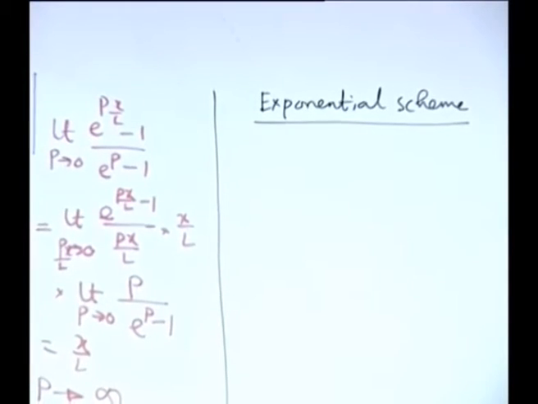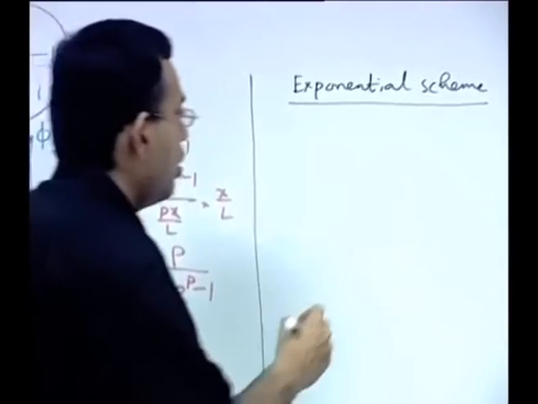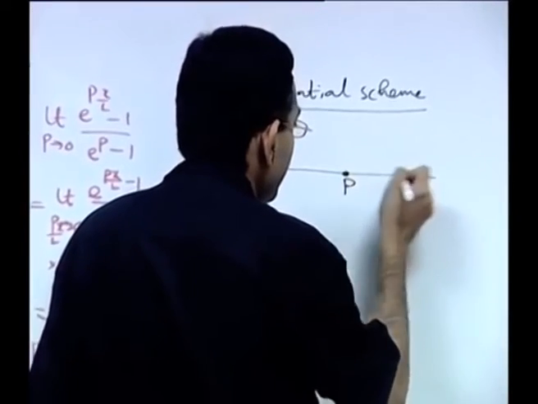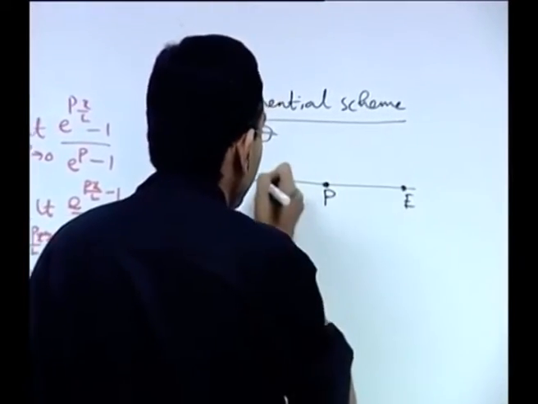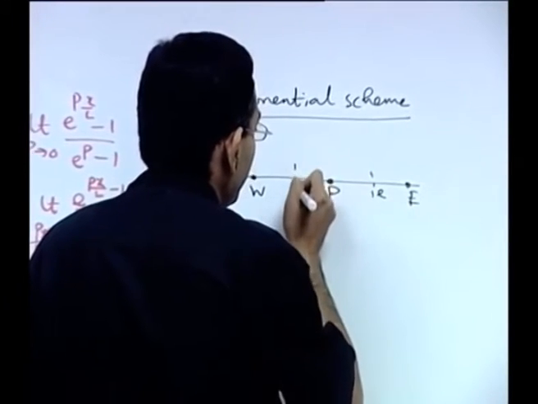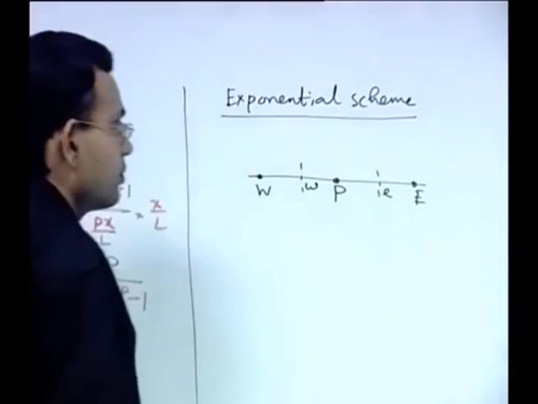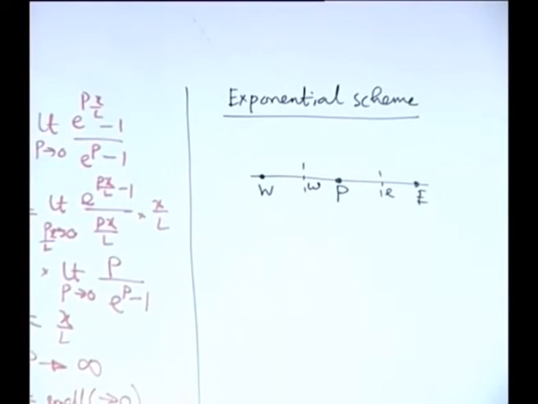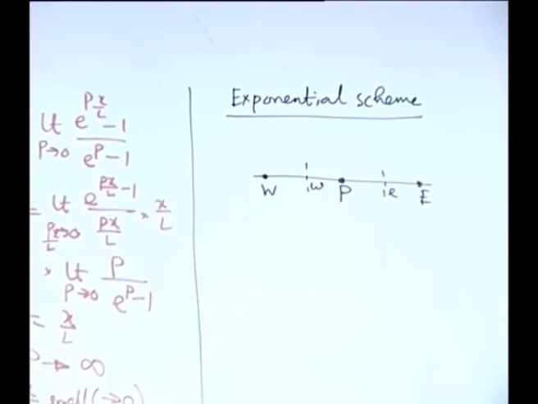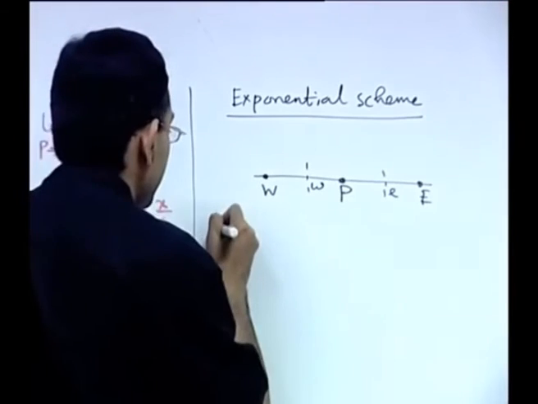In the exponential scheme, what we are thinking of is that if you have the grid points P, E, W, small e, small w like this, then the variation of phi between grid points is exponential, that is the profile assumption.